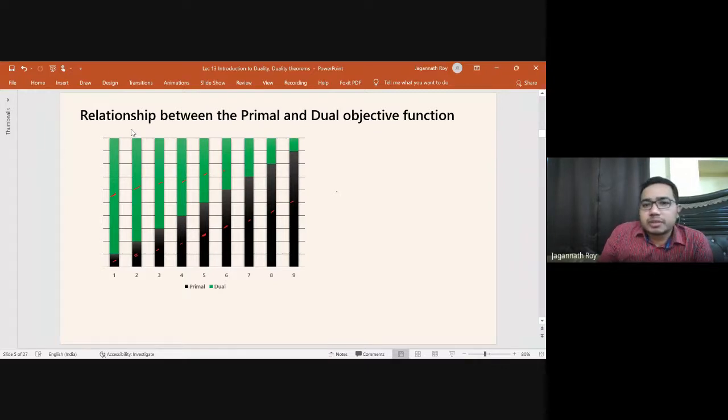For example, recall the problem we discussed: maximize 8x1 plus 6x2 subject to x1 plus x2 less than or equal to 5, 3x1 plus 2x2 less than or equal to 12, where x1 and x2 are greater than or equal to 0.